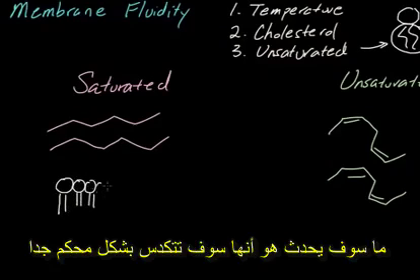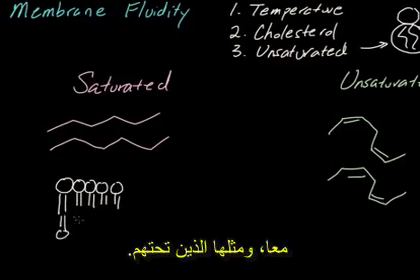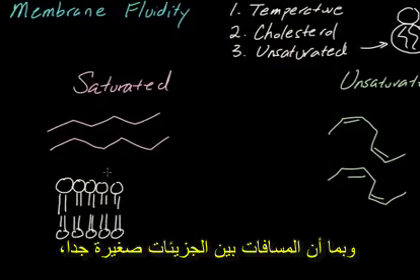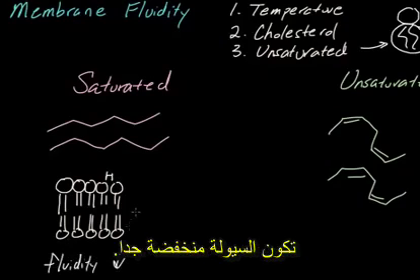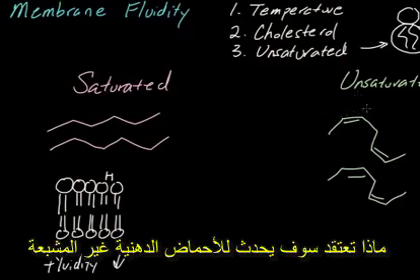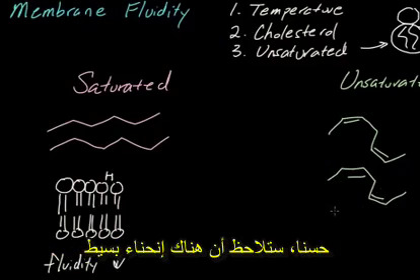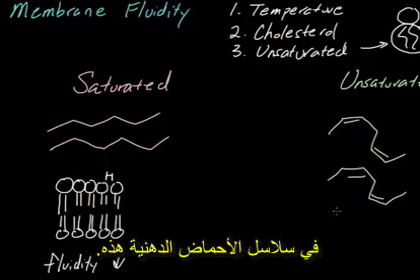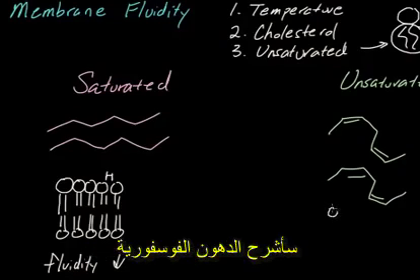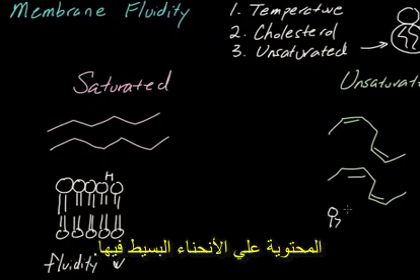So what's going to happen is they'll stack pretty closely together, and so will the ones underneath. And since the distances between the molecules is pretty small, our fluidity is pretty low. So what do you think will happen with our unsaturated fatty acids? Well, you'll notice that there's a little bit of a bend now in these fatty acid chains. So I'm going to represent the phospholipid with a little bend in it.